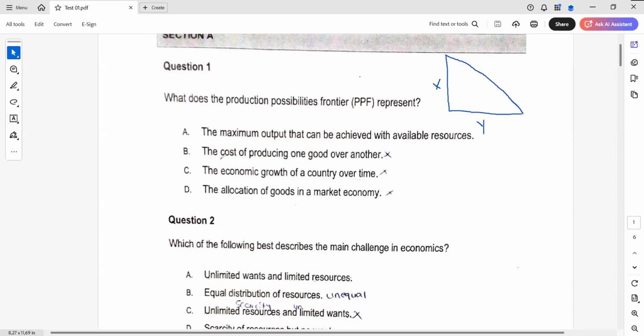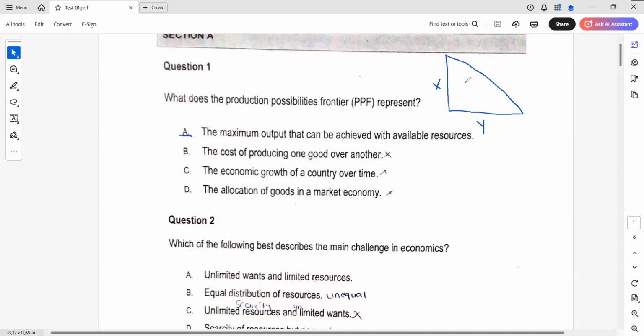So now let's try to get the correct answer here. They're saying that number A, the maximum output that can be achieved with the available resources. Okay, so this could be the answer. Let's just do this. The cost of producing one good over another, no, doesn't represent the cost. We're just looking at two combinations of goods that can be achieved, right?